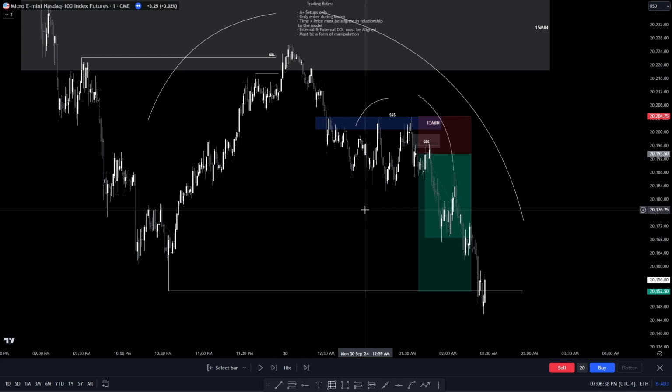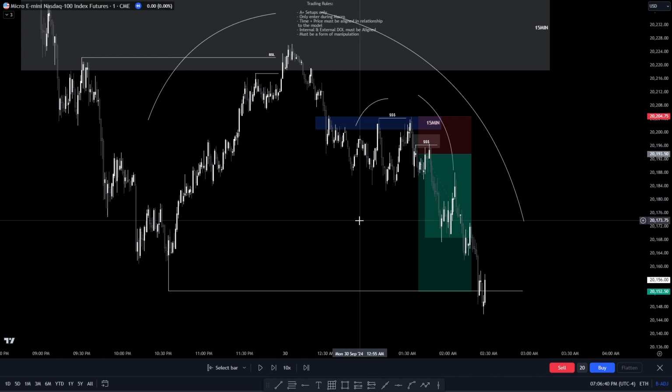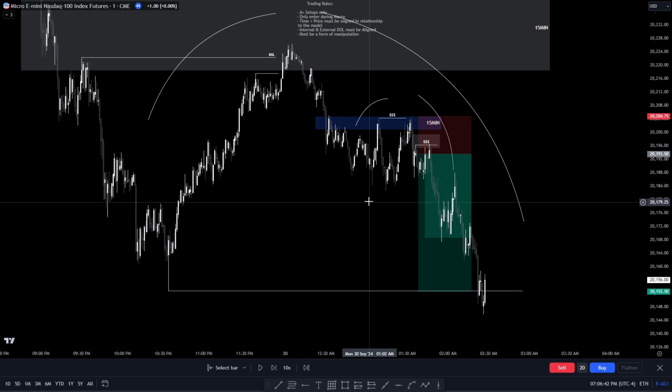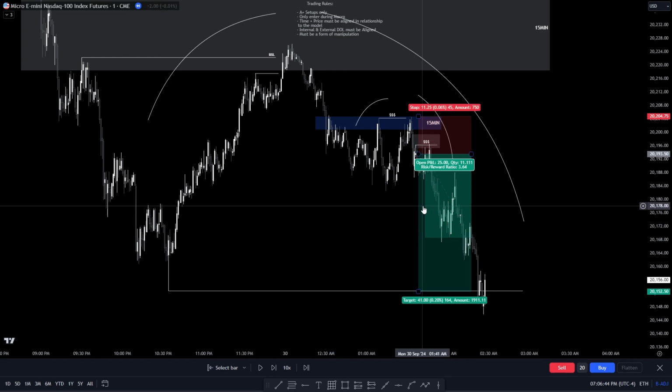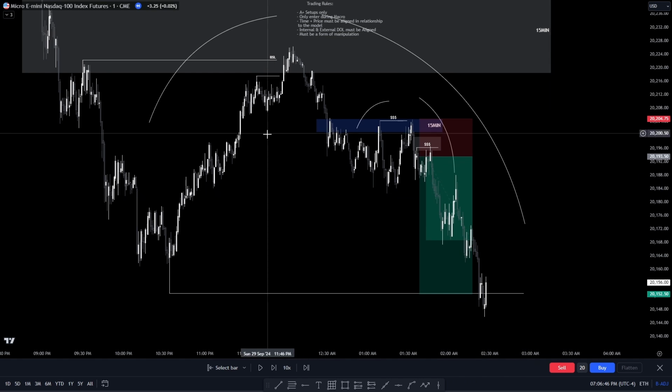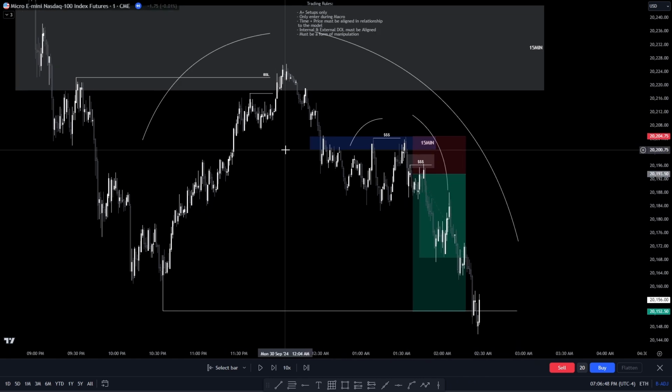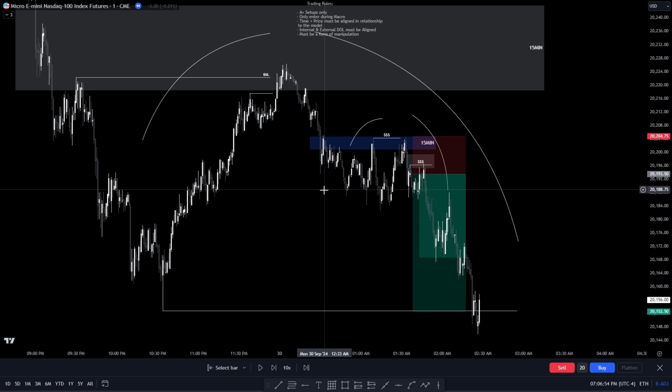Fair value gaps, turtle soups, everything. You can find everything in just market maker buy and sell models. Everything he's taught. It's beautiful. I'm not saying you have to use everything, but you find what you like, what you have an edge with, and you use that to consistently make money.